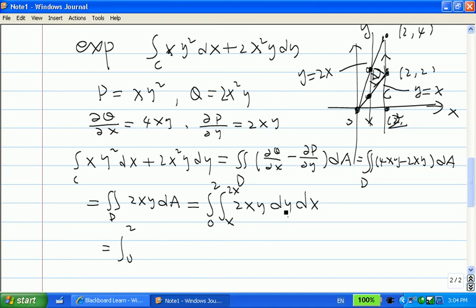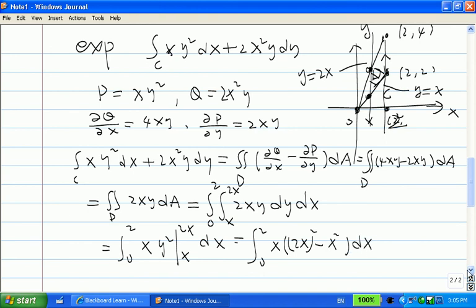So 2y, you integrate that, gives you xy squared. Evaluate at x and 2x, dx, 0 to 2. Replace y there by 2x. So you got 2x squared minus x squared dx.